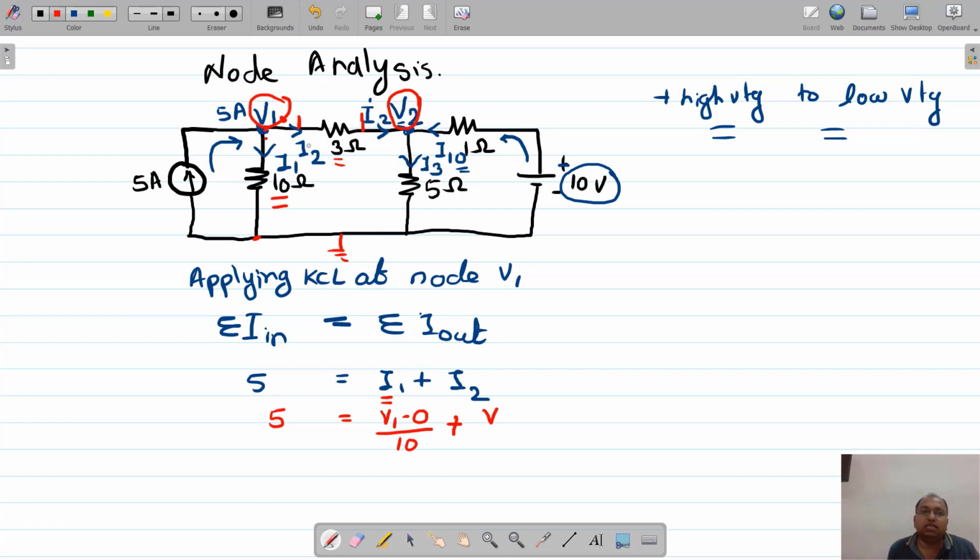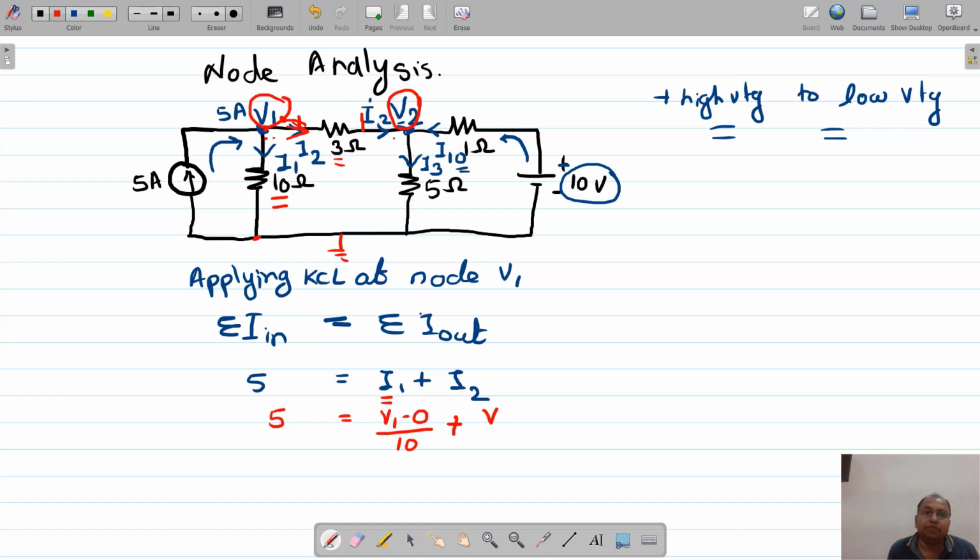So the 3 ohm resistor has two potentials, V1 and V2, but consider the direction of the current. The direction of the current is going to flow from V1 to V2. So whether we need to take V2 minus V1 or V1 minus V2, right? V1 is larger, because if V1 is larger, then and only then the current is going to flow from left to right.